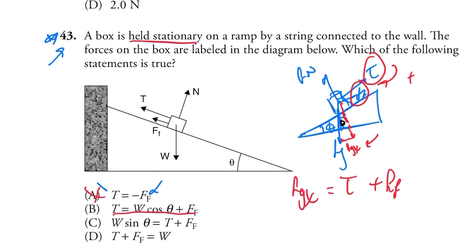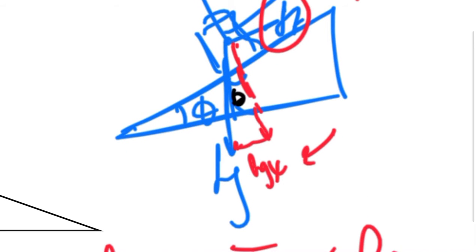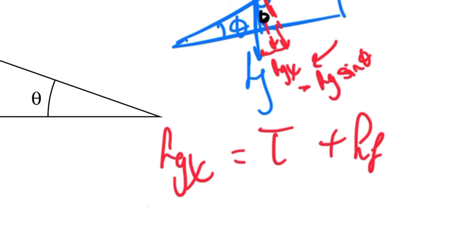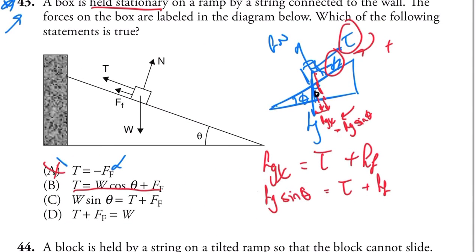So we could further formulate this and see. So we could say, okay, so what is this going to be? So it is on the opposite side. So we could say that this equals FG sine of theta. And so FG sine of theta is equal to T plus FF. And so it says here that the tension is equal to W cosine theta.